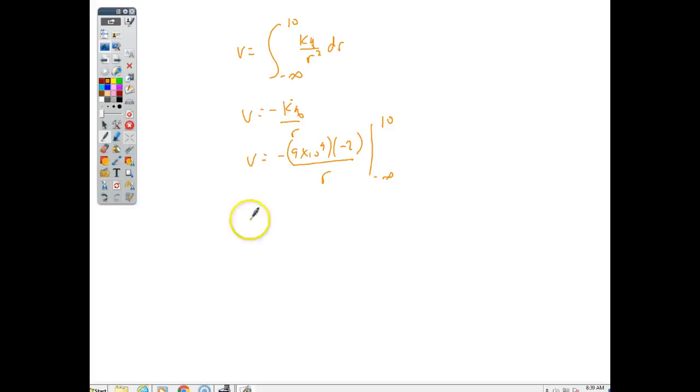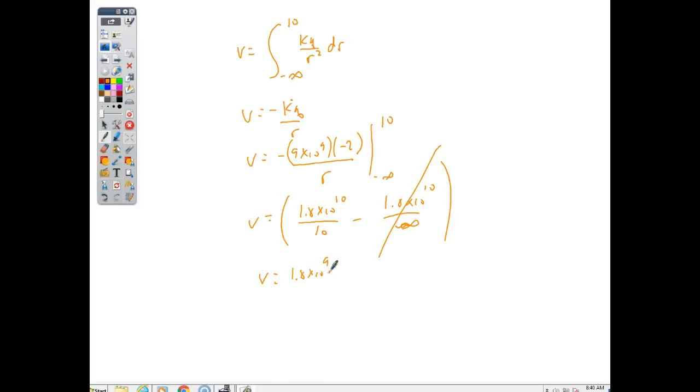Plug in 10, I get that my voltage would be 1.8 times 10 to the 10th over 10, minus 1.8 times 10 to the 10th over infinity. What's it going to be at infinity? 0, so that's always going to fall off. And I get my voltage is 1.8 times 10 to the 9th in this case.